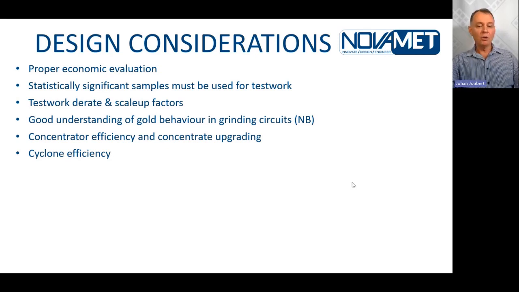We are piggybacking onto the grinding circuit, and ultimately the grinding circuit is the heart of the plant. So in actual fact, there's not much we can do but to live with whatever the circuit requires regarding density and therefore efficiencies. So all you can do is design your circuit to give these concentrators maximum opportunity to grab this gravity gold from the circuit.